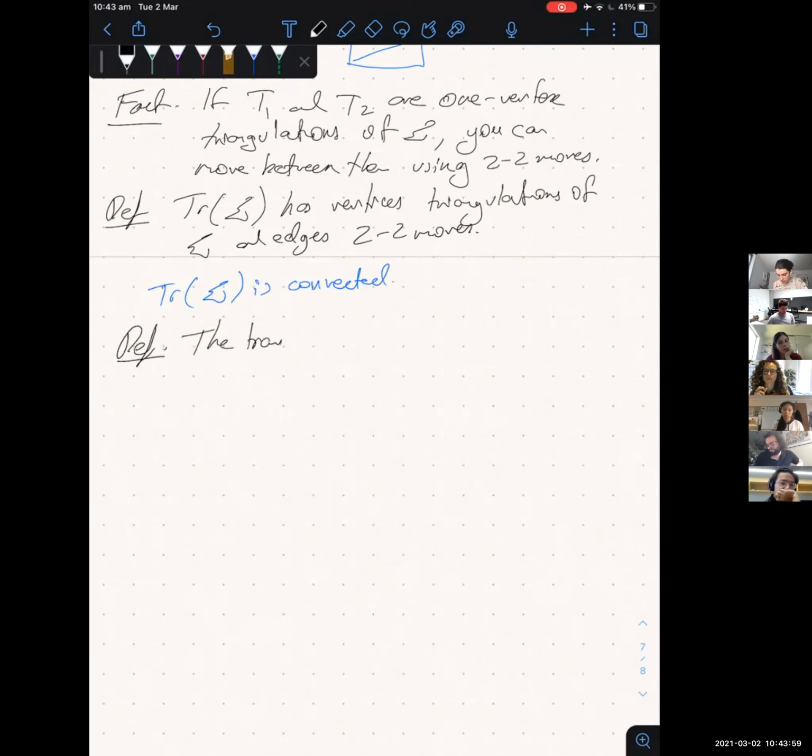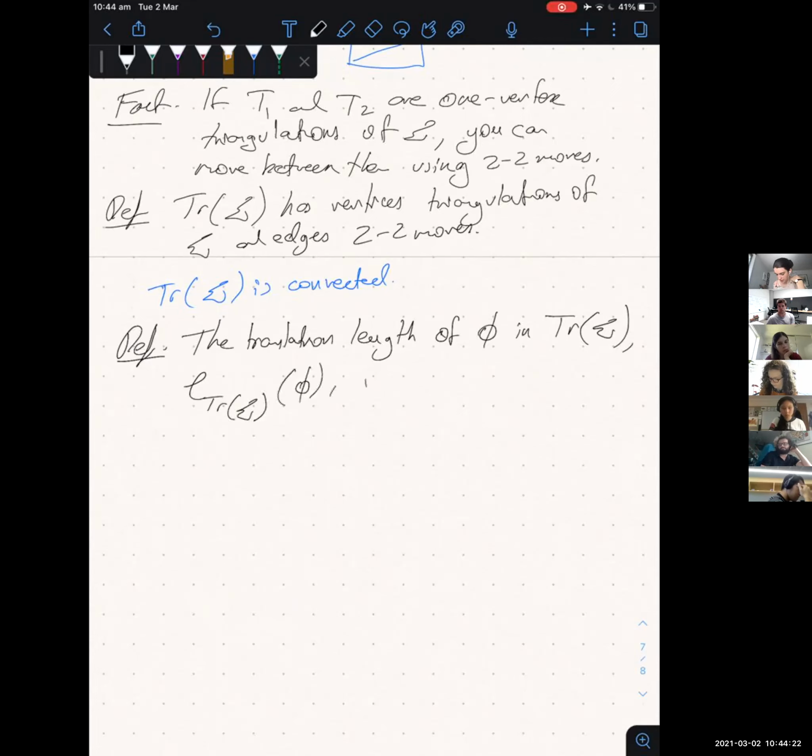The translation length of phi in this particular graph. Our map acts on the surface, so it acts on the triangulations. The translation length of it in this particular graph, which we're going to denote as follows, is the minimum distance that it moves something.